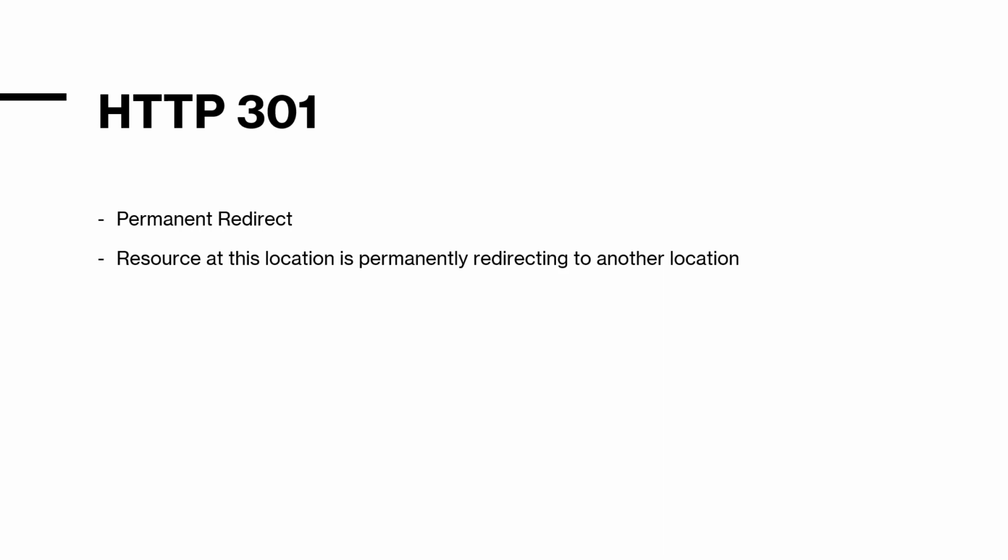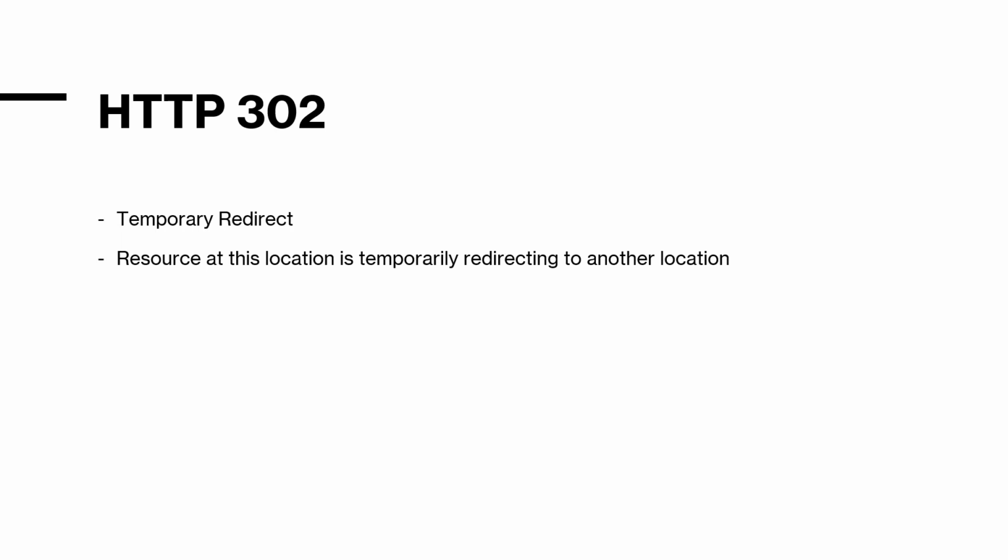Essentially, all it means is the thing you're looking for at this URL is not here anymore. It's now somewhere else. Like if your neighbor moved a few houses down and you went to their old house, the new person there might say, hey, Joe doesn't live here anymore, he lives down the road, and point you in the right direction.